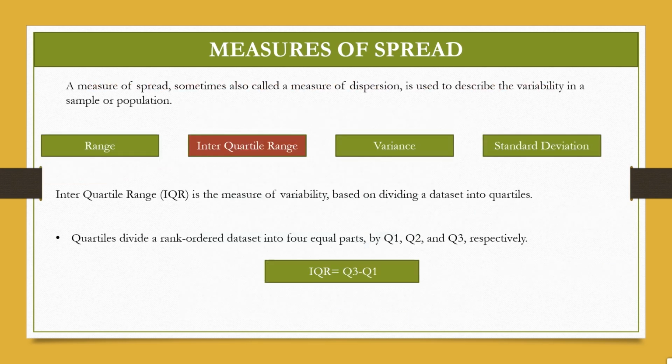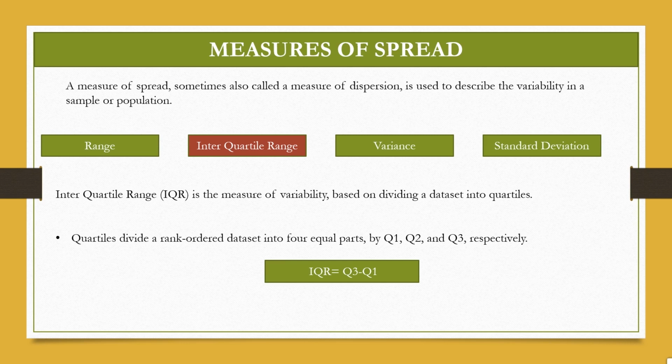Now let's look at what the interquartile range is. The IQR, or interquartile range, is a measure of variability based on dividing a data set into quartiles. The interquartile range is calculated by subtracting Q1 from Q3. So Q3 minus Q1 is your IQR.